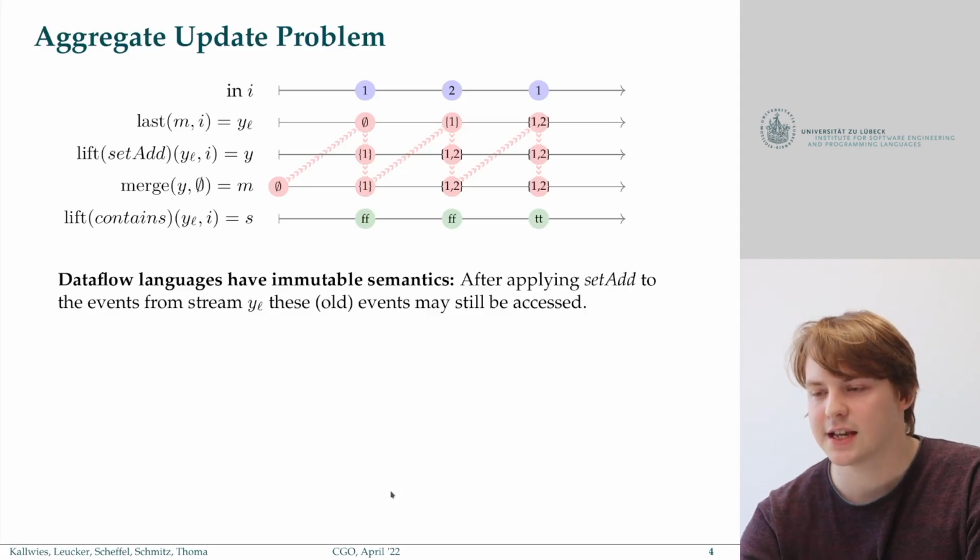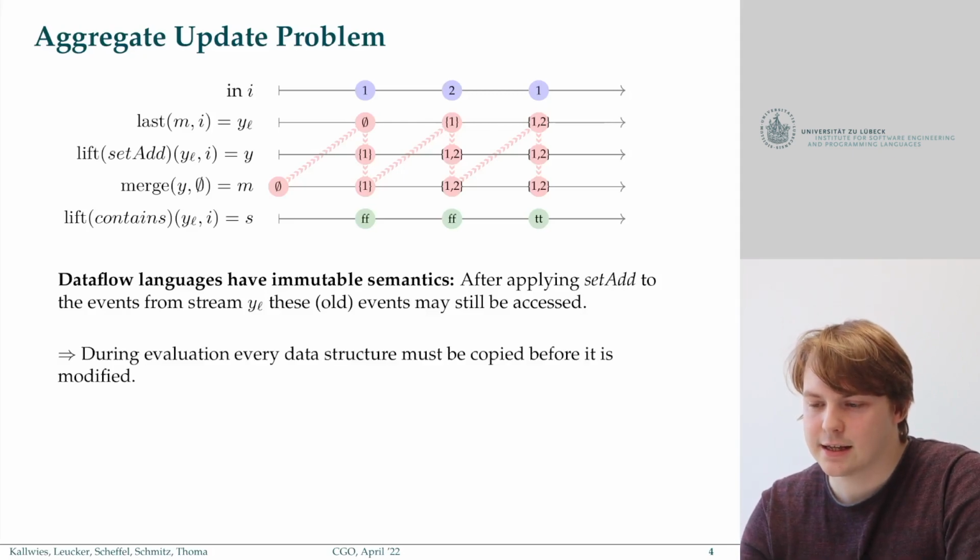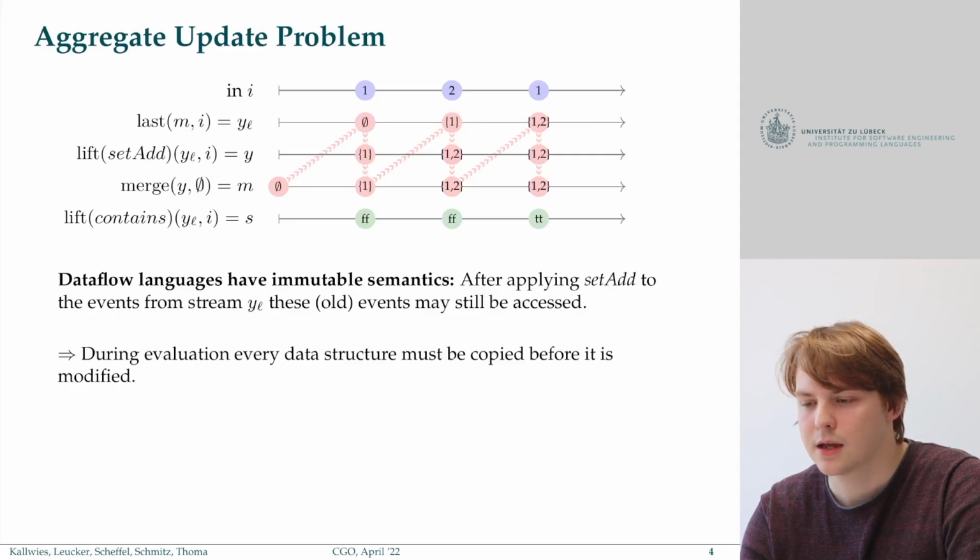So, if you think of implementing such a language, you recognize that internally we have to make a full copy of the events if we take it in a lift of another stream. For example, if we calculate stream Y, we have to copy the data structure from stream YL and retain the old data structure.